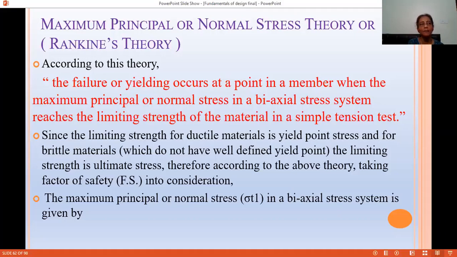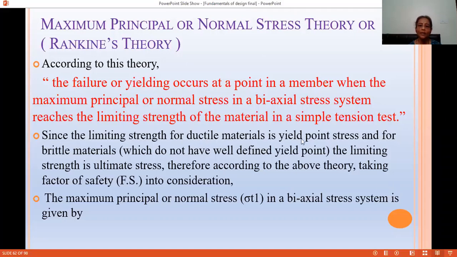So whenever there is a biaxial stress system, failure of that component will occur when its maximum principal or normal stress value reaches the limiting strength of the material in a simple tension test. That theory is known as the maximum principal or normal stress theory.